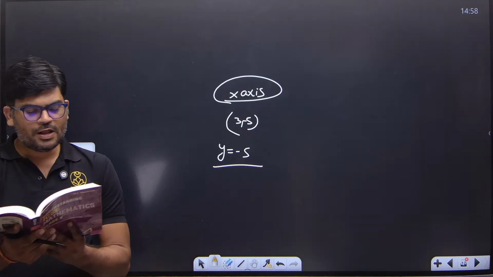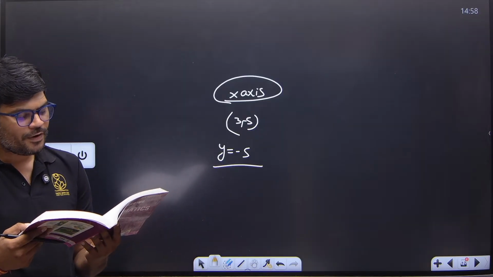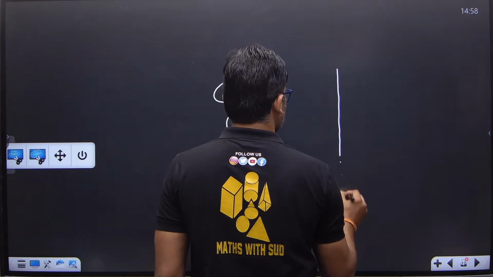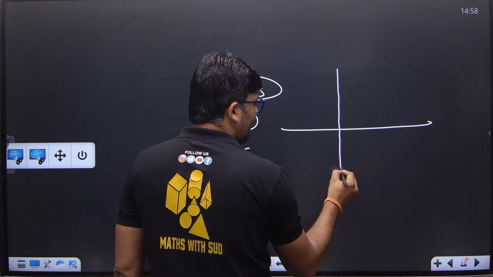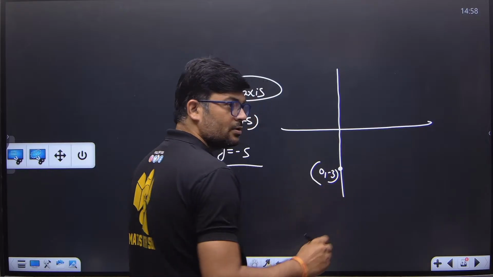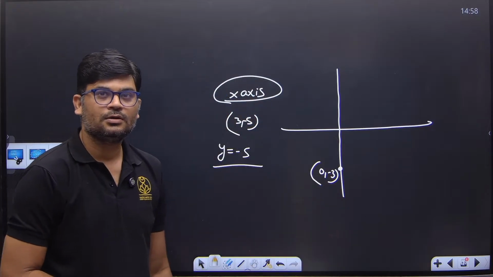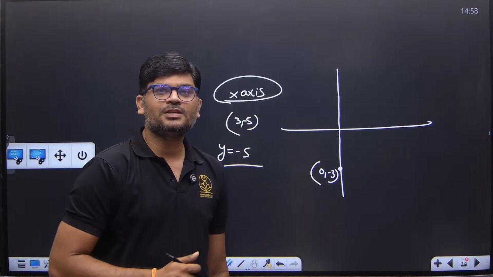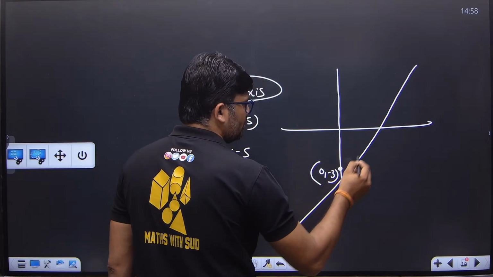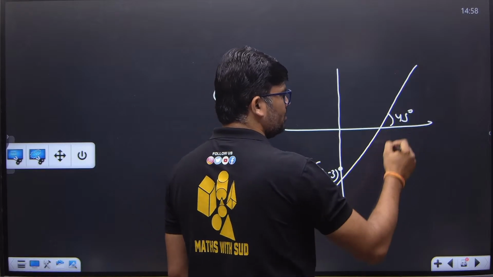The equation of a straight line whose inclination is 45 degrees and whose y-intercept is -3. See this, y-intercept is -3, so -3 means (0, -3). What is the slope of this line if the line is having an angle of 45 degrees? Tan 45 equals 1.